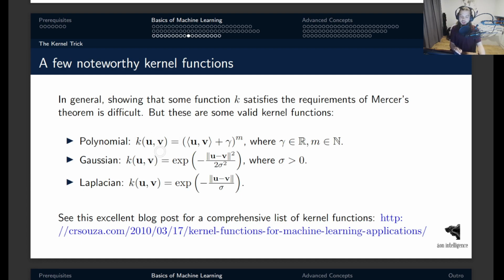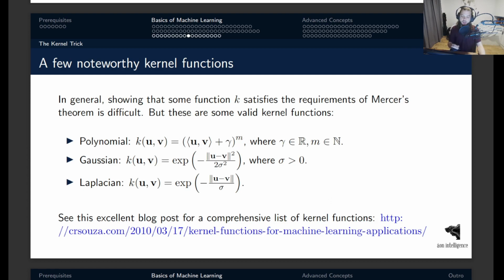So the first one is the polynomial kernel, and this polynomial kernel is of the following shape. So in it, you have the inner product of untransformed, of unfeature mapped observations u and v. You might add a constant, which is a scalar, a real number, and you take that expression to the mth power, where m is a natural number.